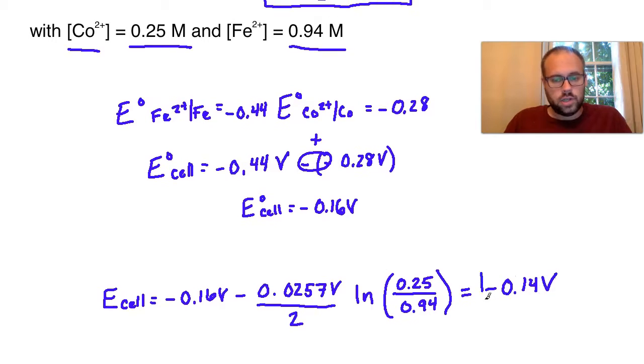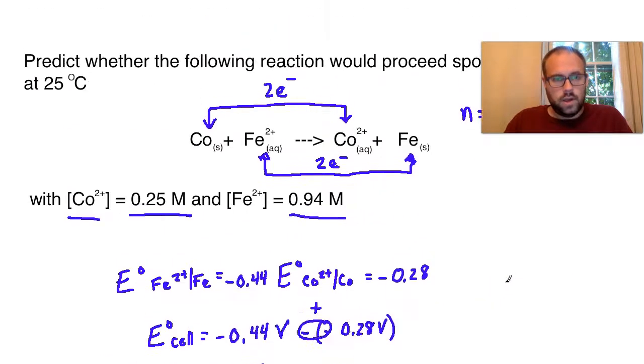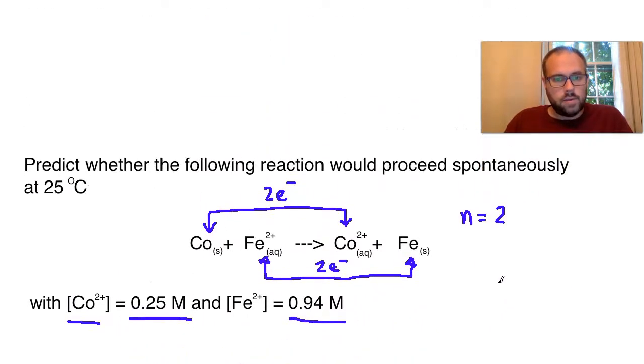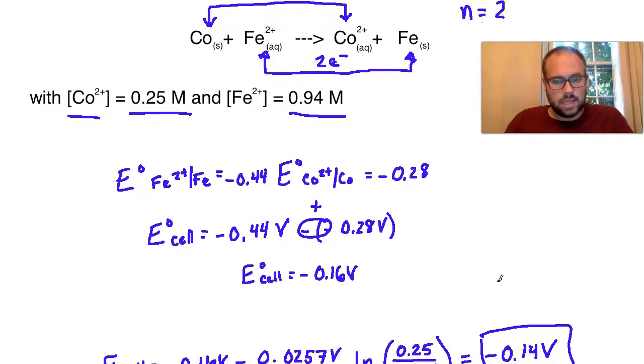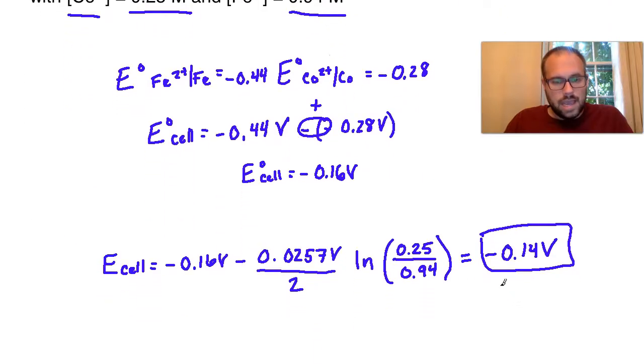Now the question was, predict whether the following reaction would proceed spontaneously. Well, we have a negative Ecell here, and that would mean no. We would not expect this reaction to proceed spontaneously, because a negative Ecell means that energy needs to be put into this system in order to get the reverse redox to occur.